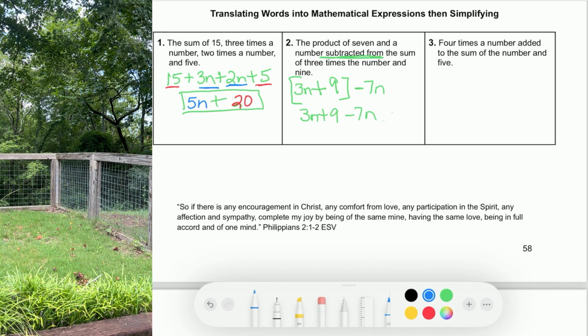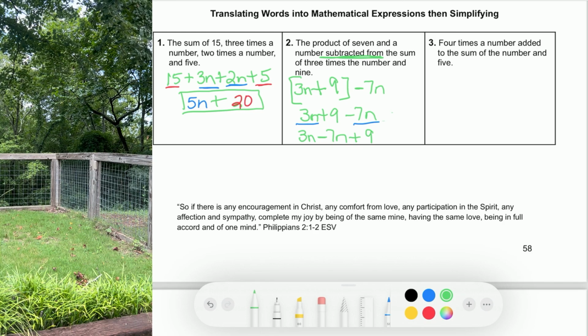Okay. Now I need to look for like terms. These two are alike. Nothing is alike the 9. So it's not going to combine with anything. But before I combine my 3n and my 7n, I want to change the order a little bit to group them together. So I'm going to have 3n. I'm going to bring this minus sign with it, minus 7n, and I'm going to take the plus with the 9 because it's directly in front of it.